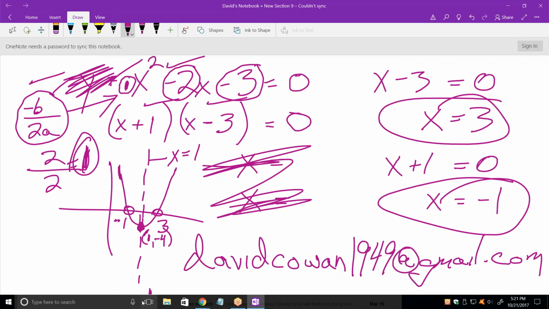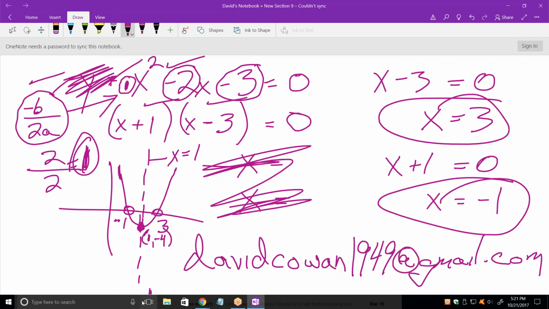Okay, hold on. We got the 1 from the minus b over 2a. And we got minus 4 by plugging in whatever our x value was, which was 1, into the equation and figuring out what you get. Remember, this equation starts out y equals.